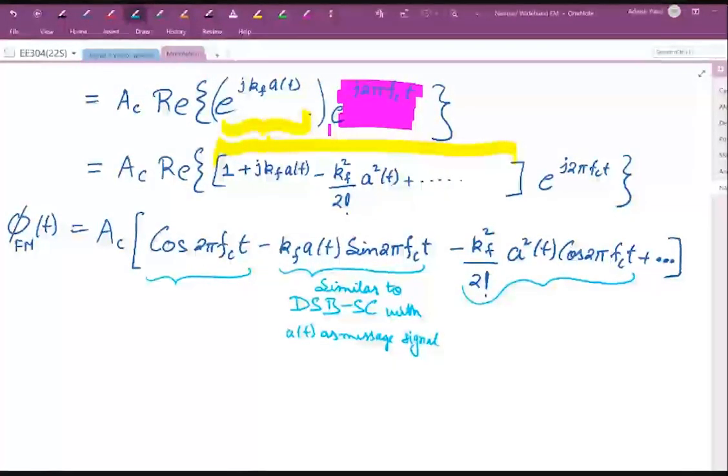Chalu, you said the first part was a DSB-SC signal if a(t) is a message signal. Now, what can we say about the second part, the third part? I'm still waiting for an answer.